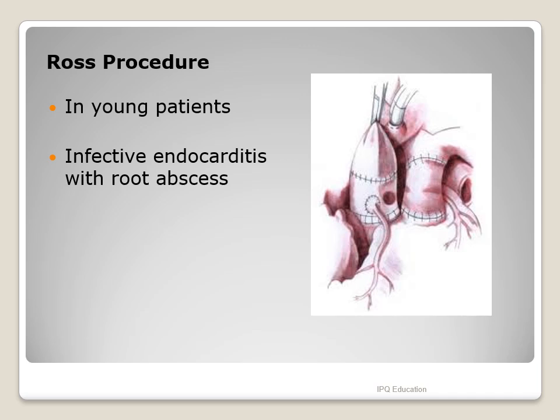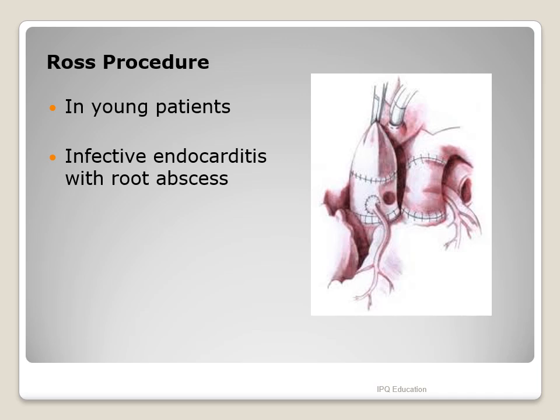The gap that is left by removing the pulmonary valve and pulmonary artery is then filled by using a homograft, i.e. by a conduit taken from a human donor.